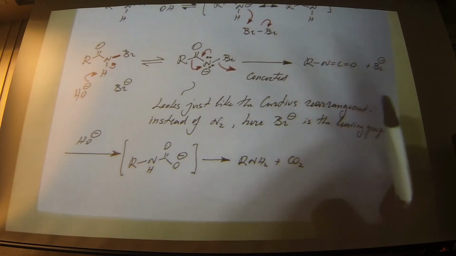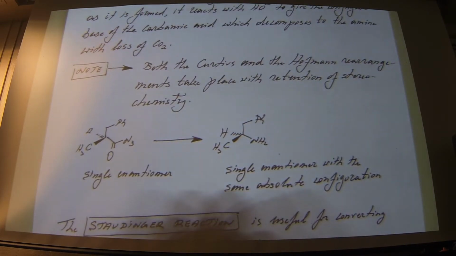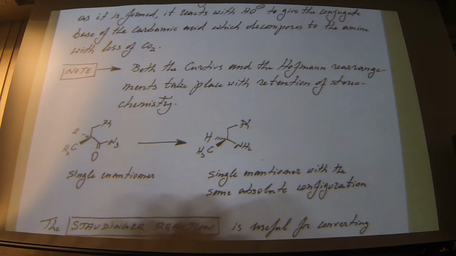Now, I hasten to point out that since both reactions, both the Hofmann and the Curtius, are concerted, the stereochemistry of that R group is not lost. So if that R group is chiral, then you end up with a single enantiomer of the product.